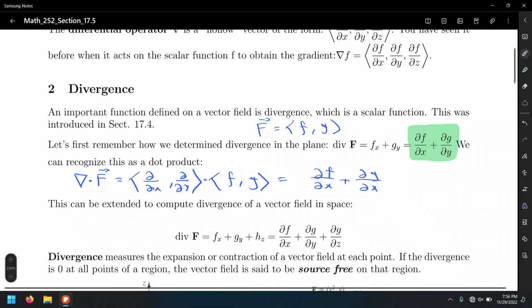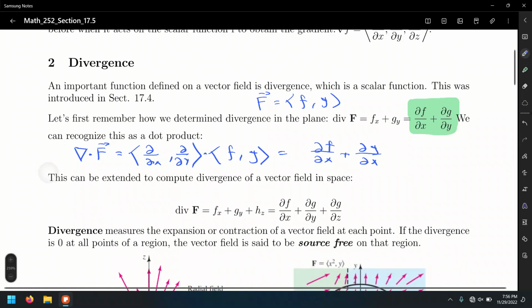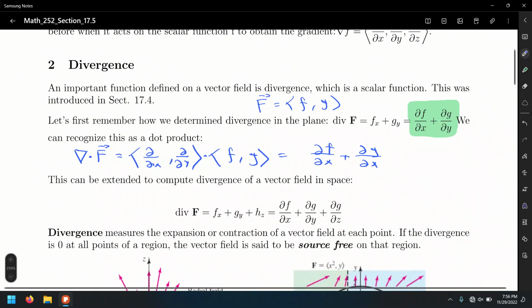All right, and of course we can extend this to 3 dimensions. The divergence, denoted div f, is essentially the partial derivative with respect to x of the f component, plus the partial derivative of the g component of the vector field with respect to y, plus the partial derivative of the h component of the vector field with respect to z.